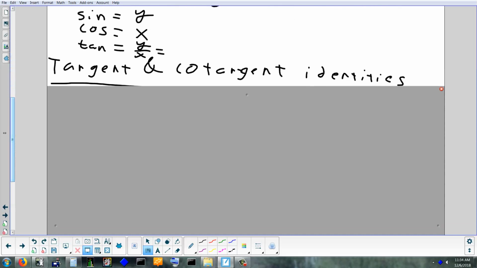Y is the same as saying what? Sine. Y equals sine, right? Y is the same as sine. So instead of y, I'm going to put sine. And what's x the same as? Cosine. So that means tangent is really the same as what? Tangent is the same as sine divided by cosine.